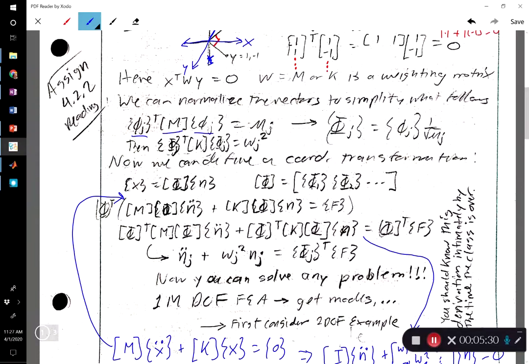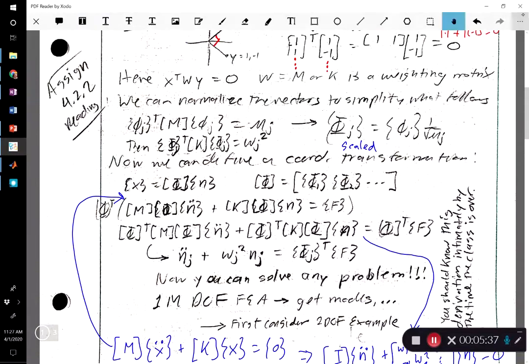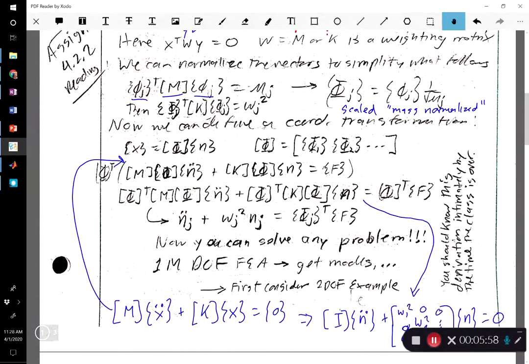And you can pretty easily see that if we define a new vector, this is the scaled eigenvector, or we call this one mass normalized, then if we just divide that vector by the square root of mu, then we'll have 1 over square root of mu here, 1 over square root of mu here, and that will cancel so that we get a 1 over here. So that's all that there is to that. We scale the vectors in that way.